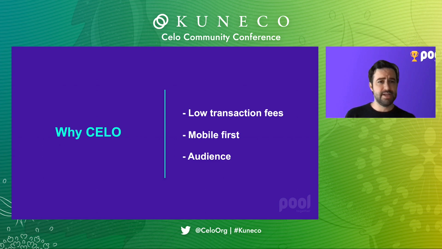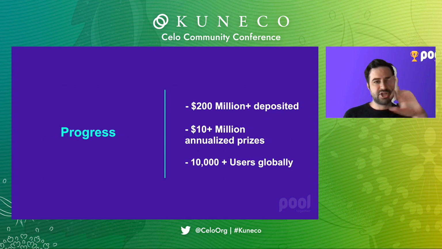So PoolTogether the protocol is live right now on Ethereum, and work is being done right now to bring it over to Celo. The next slide shows some of the stats from what's happened on Ethereum so far. One of the interesting things to recognize is there's $200 million deposited in the protocol from 10,000 users.